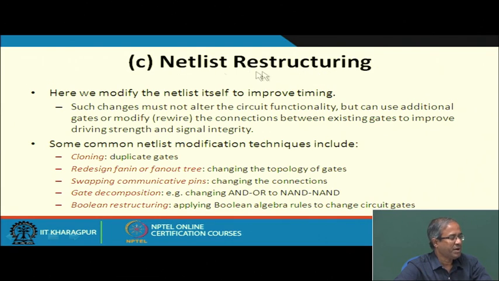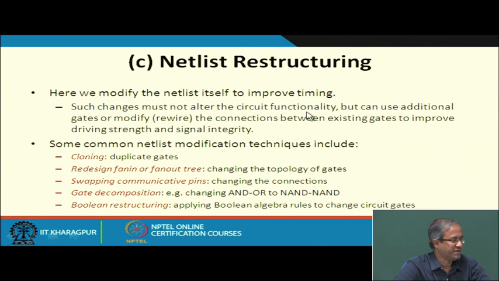As the name implies, we are trying to modify a circuit netlist in some way, and there are many ways in which you can do that. Our objective is to improve the timing, but quite naturally we do not want the circuit functionality to change.